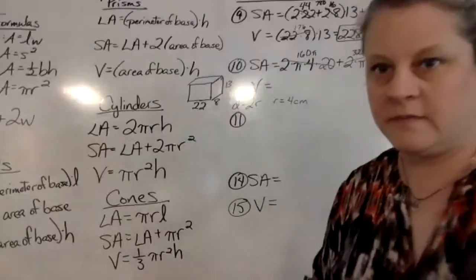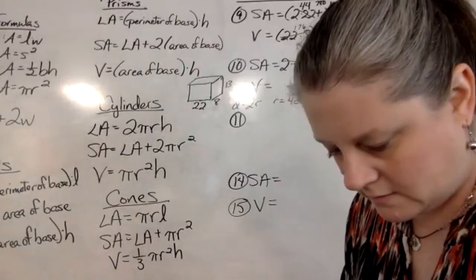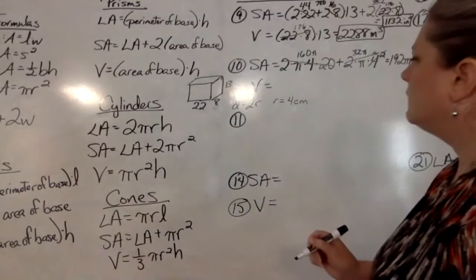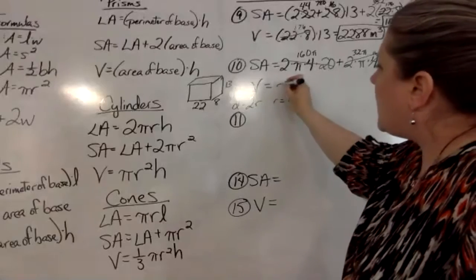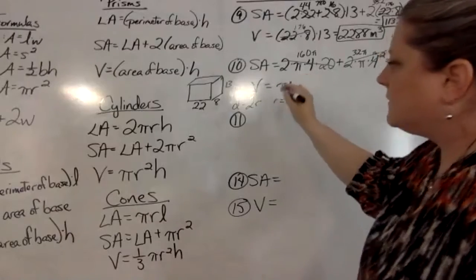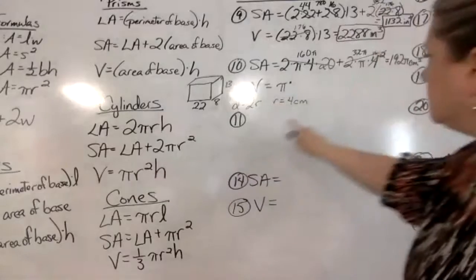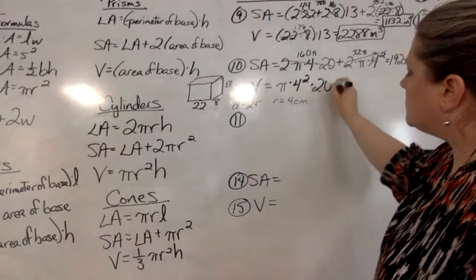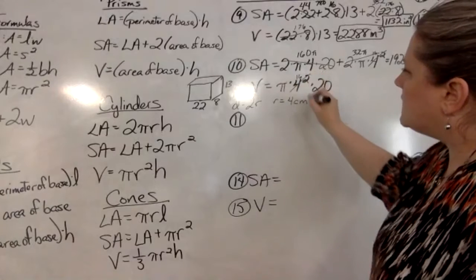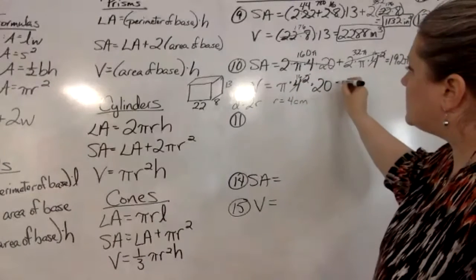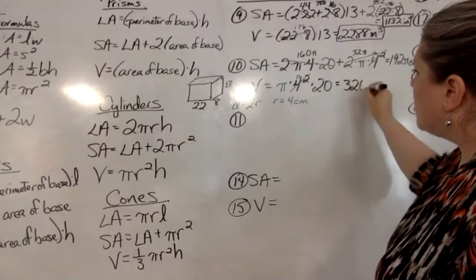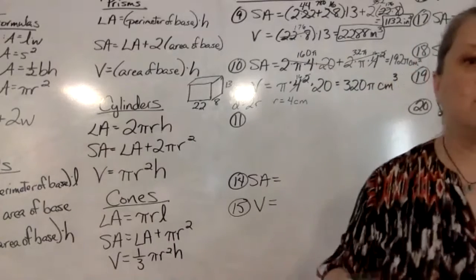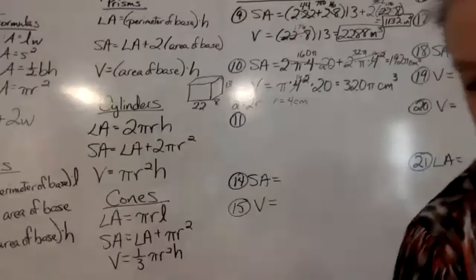Okay, so I have pi times my radius squared, which was 4 squared, times the height of my cylinder, which was 20. So 4 squared is 16, so I have 16 times 20. So I have 320 pi centimeters cubed. If it's volume, it's in cubed units.